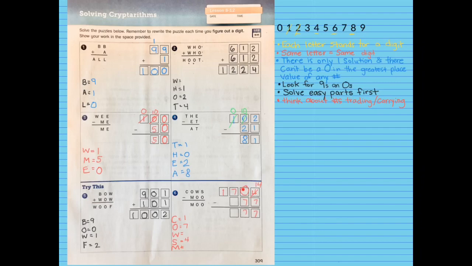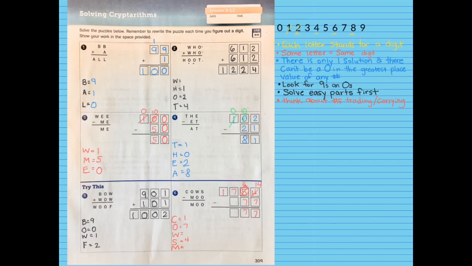Well, if this number were a 5, it would get marked out and made into a 4. If we borrowed, we would mark out the 14, mark out the 4, make it a 14, mark out the 5, make it a 4.